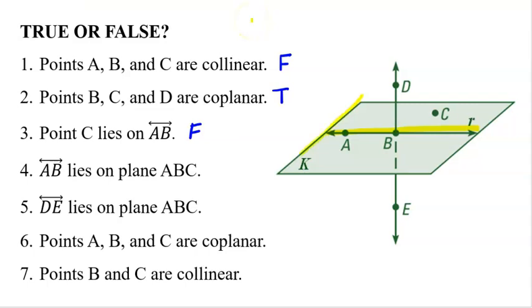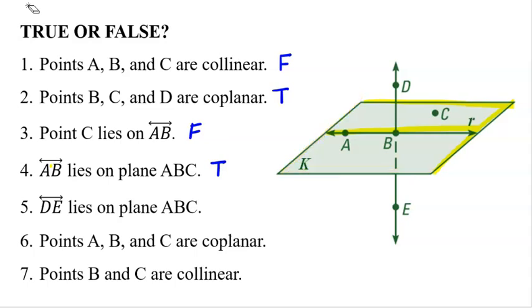We can see that the plane is here, and that line is laying right on that flat surface. And if points A and B are creating that line and it's in ABC, that means that that line created by those 2 points are automatically going to be on the plane. And so that's going to be true.